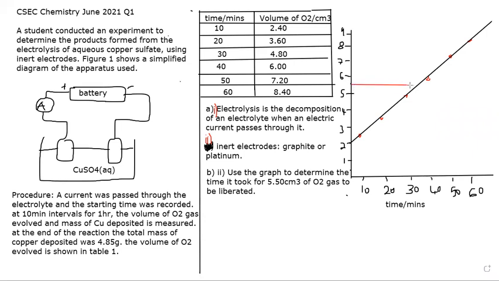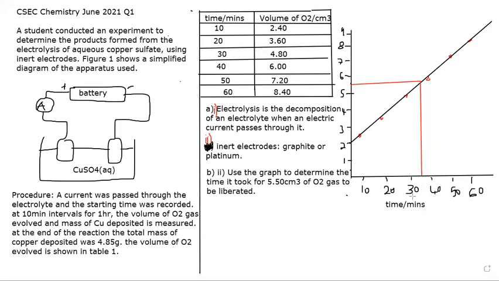Draw a line from there to the line of best fit. Wherever it touches the line of best fit, you draw a vertical line to the x-axis.